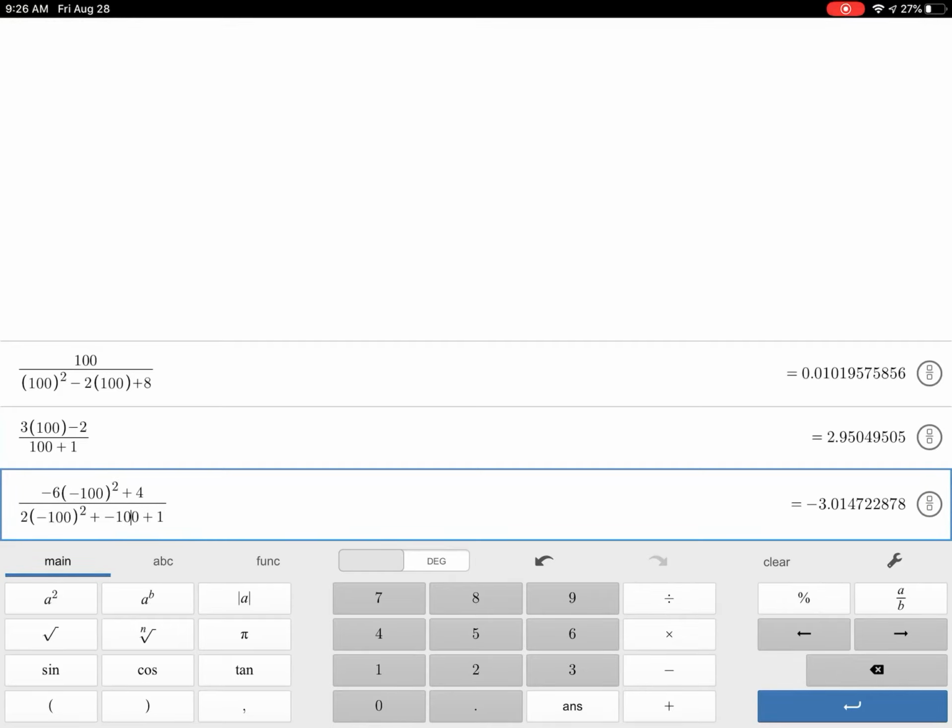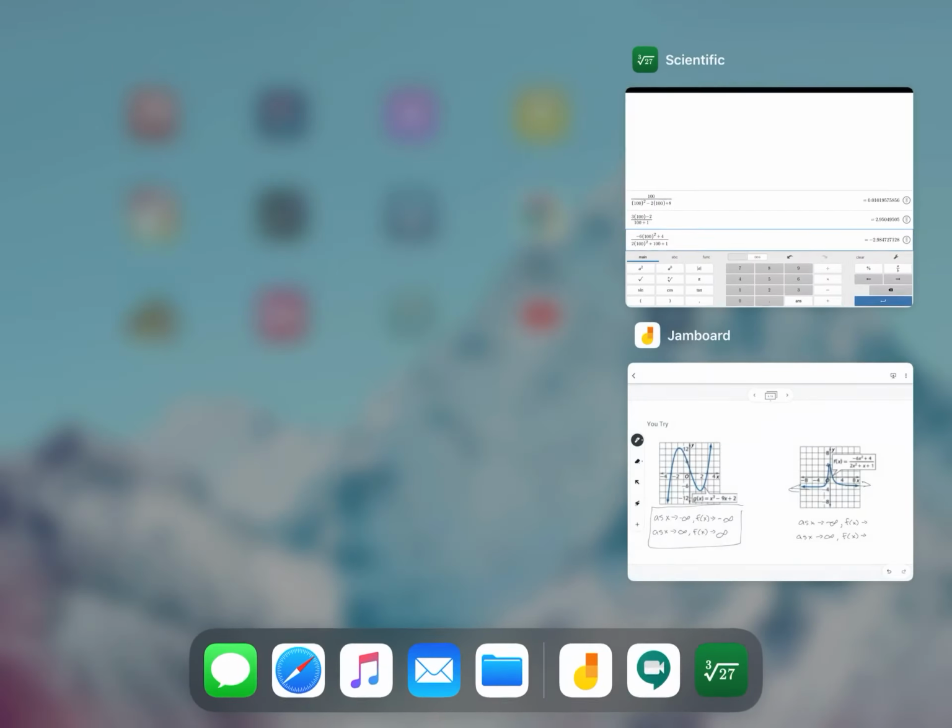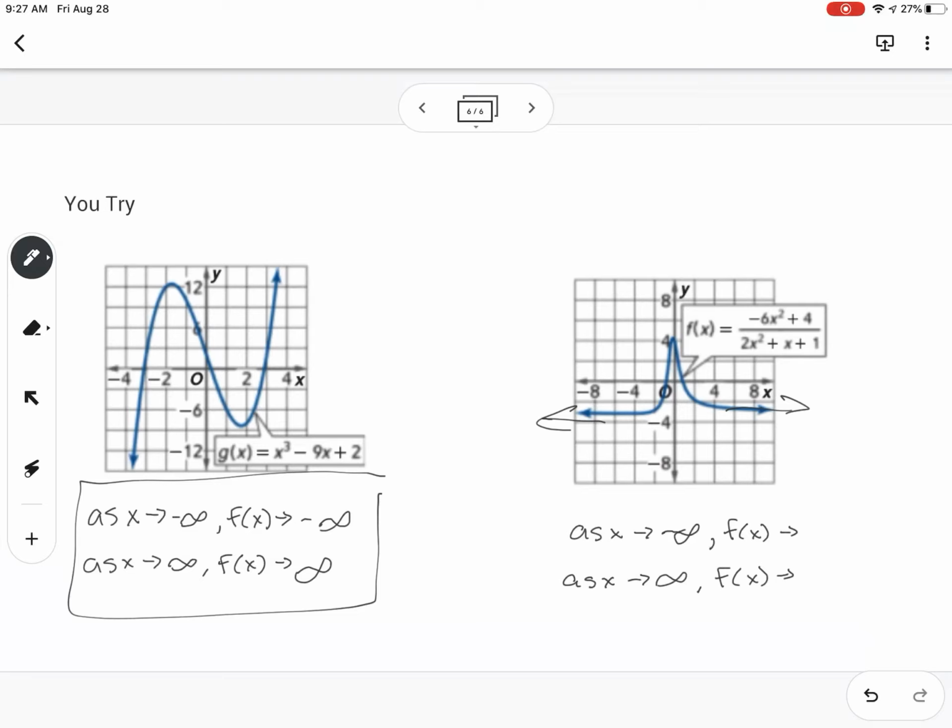Negative 3.01. Try the positives. Get 2.984. And then try 1,000. Okay, just testing. So we got our 4 things.